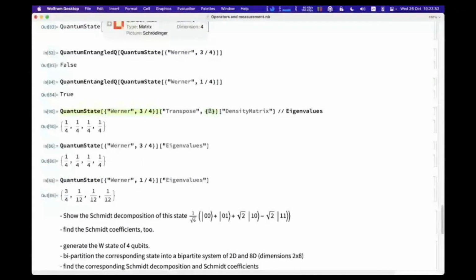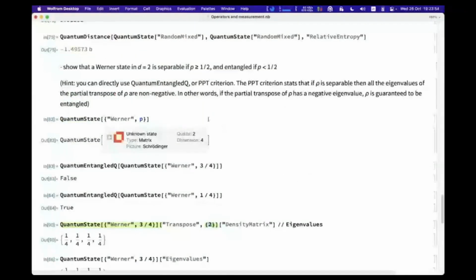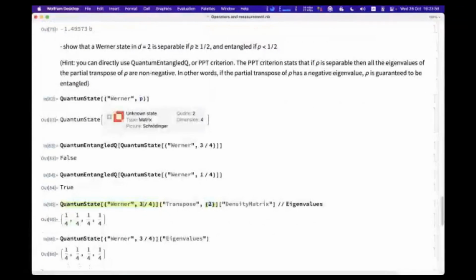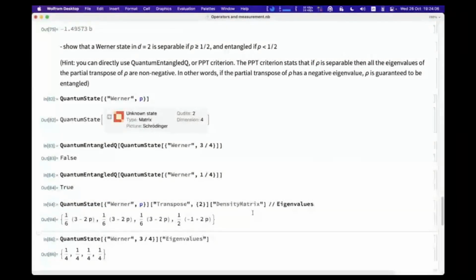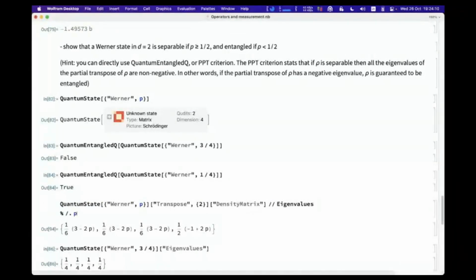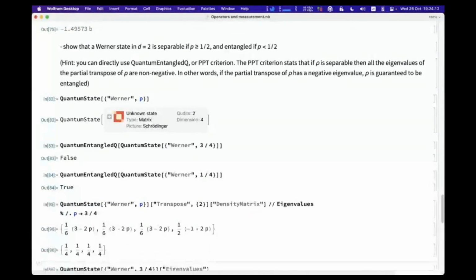Okay, so this is an issue that we need to look at. So let's go with the generic p and see what happens with p. If we cannot reproduce it with p, it means, okay, we are doing the partial transpose. We are looking at the density matrix. Now all of them are positive.